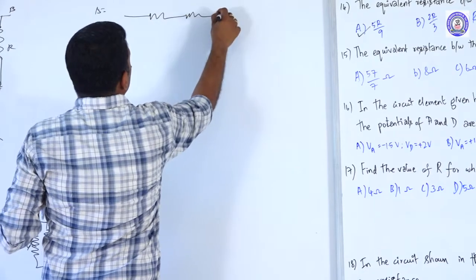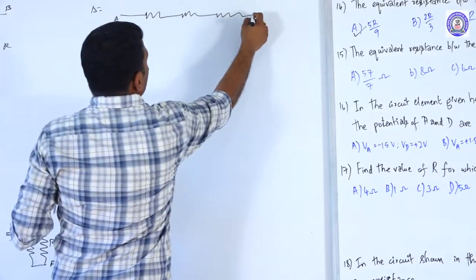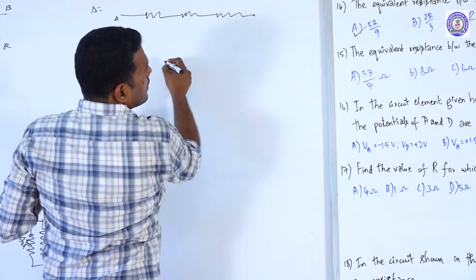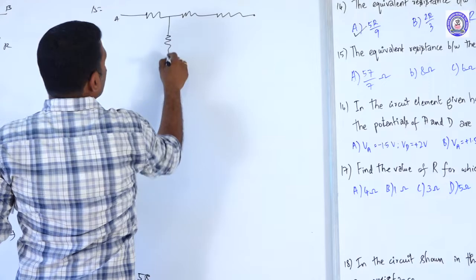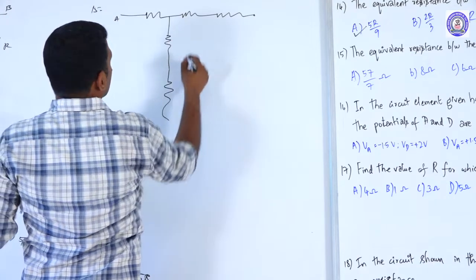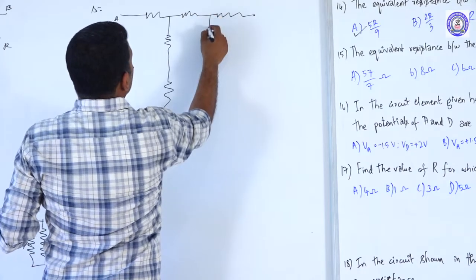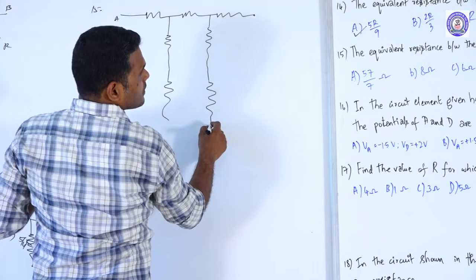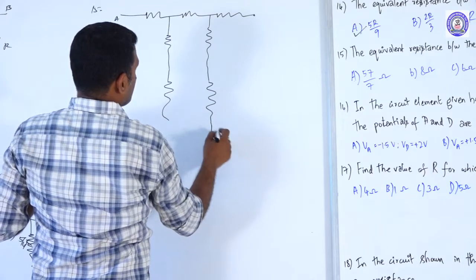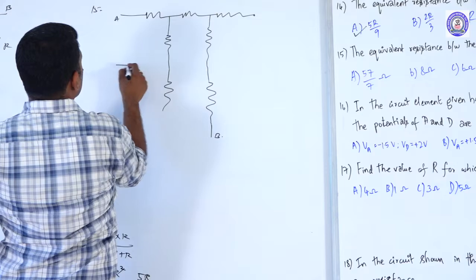The circuit diagram is as shown. This is A. And we have another resistance. This is point B. And one more resistance is there.